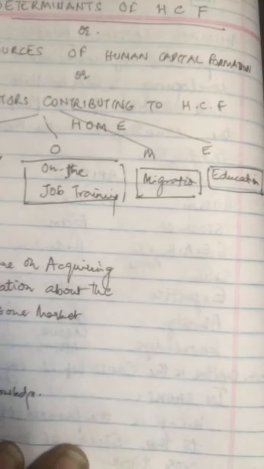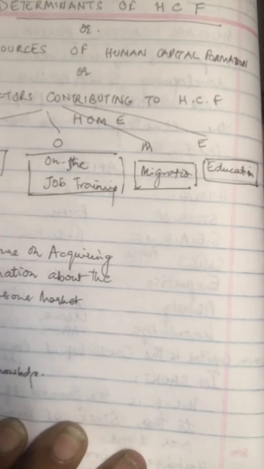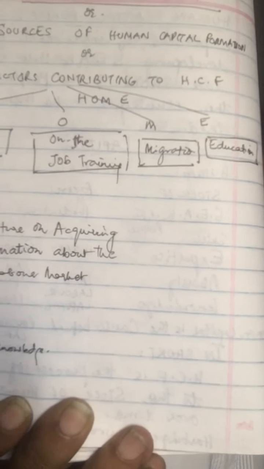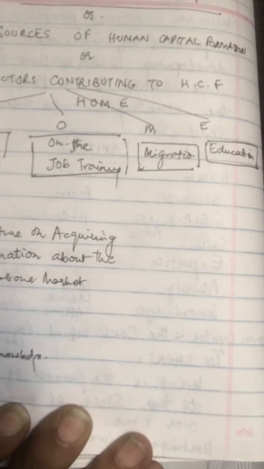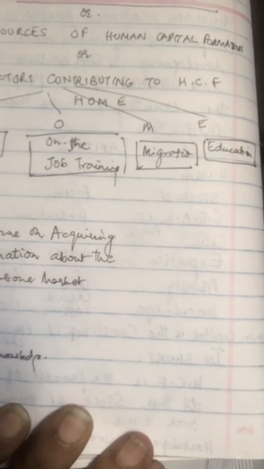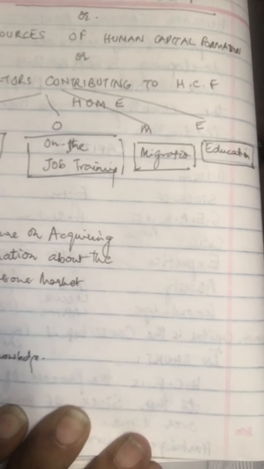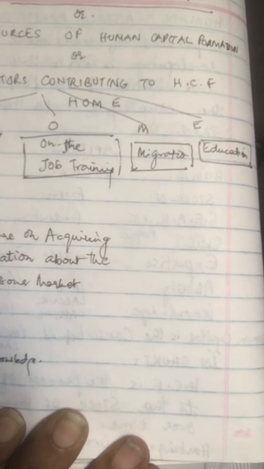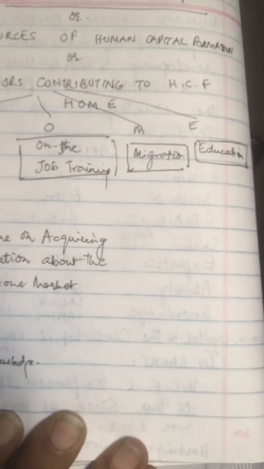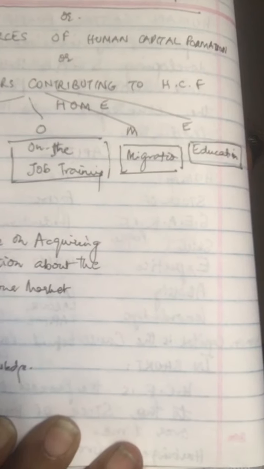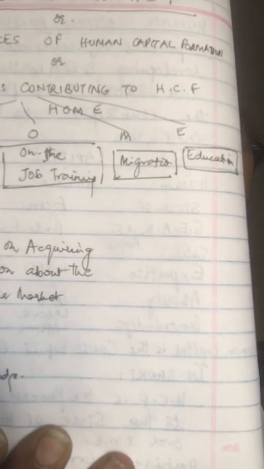So we finished with, I've written as HOME, right? Let's take the O, on the job training. So on the job training helps workers to sharpen their skills. Then it enables them to raise their level of productivity, their efficiency.